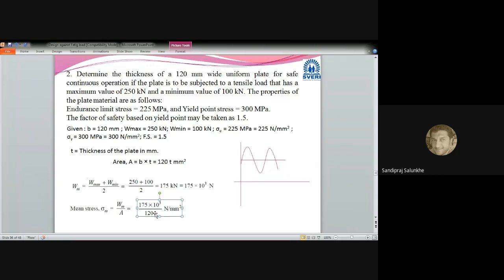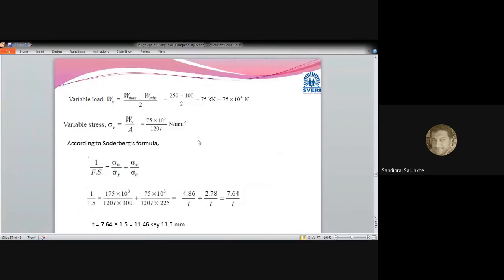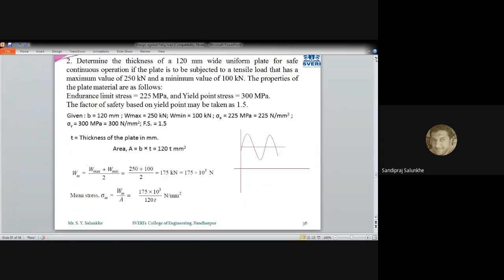So the mean stress will be 175 into 10 raised to 3 divided by 120 T, and the answer will be, have you calculated this answer? I have not written it here. What is this value? Can anybody tell me? 1.458 into 10 raised to 3 divided by T.